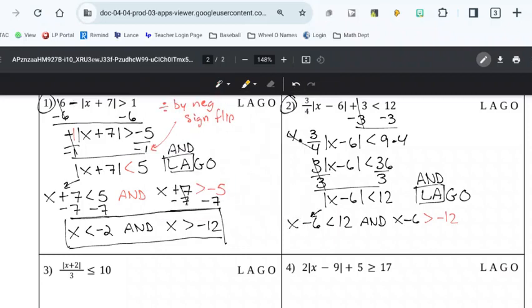Hopefully we're starting to get into that routine. We are left with x is less than 18, and x is greater than negative 6.